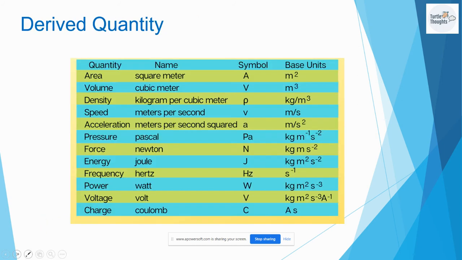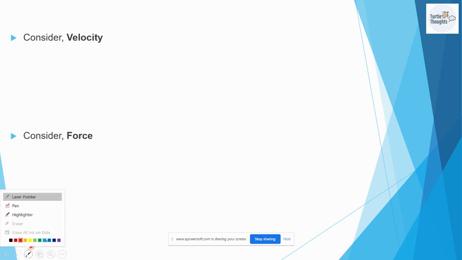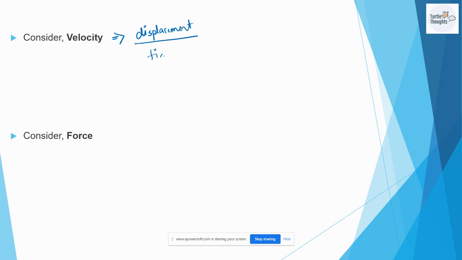Now, let us take an example of velocity. Let me show you how this is a derived quantity. What is velocity basically? Can I define it as displacement divided by time? What is displacement? Displacement is nothing but the measure of length, right?